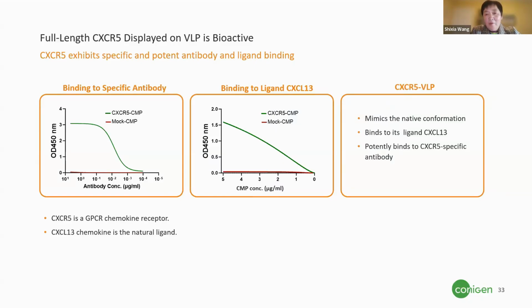This further demonstrates that Conigen's multi-transmembrane domain protein VLP platform can generate viral particles with targets that are bioactive and mimic the natural conformation.